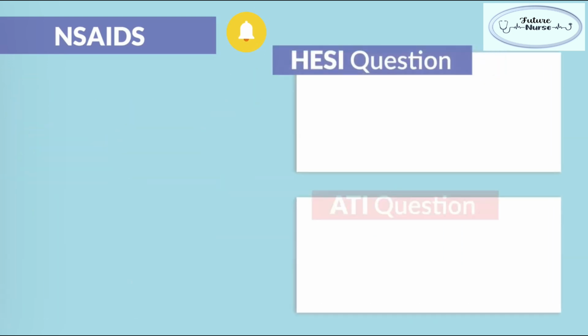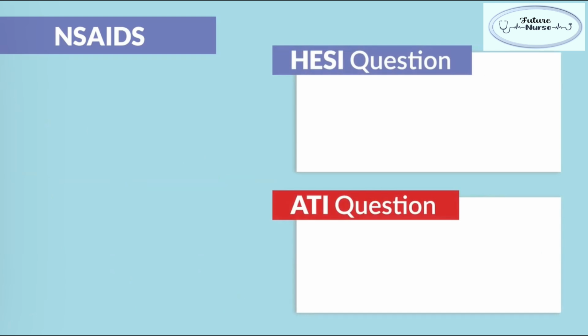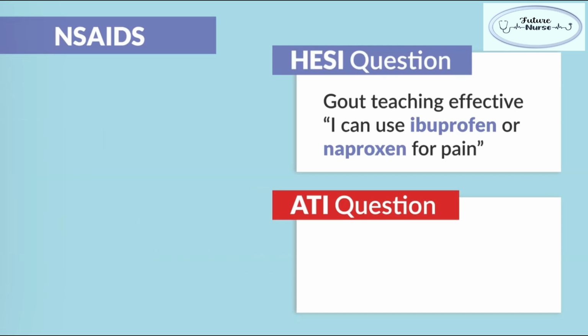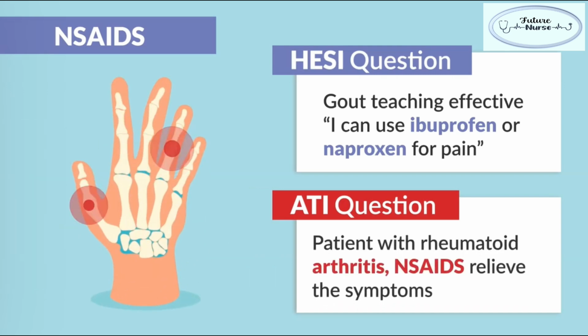Now guys, a common HESI and ATI question usually has something like this. Gout teaching has been effective when a patient states, I can use ibuprofen or naproxen for pain. Yes, because gout and arthritis usually indicates inflammation. Or a patient with RA, rheumatoid arthritis, guys, NSAIDs relieve the symptoms.